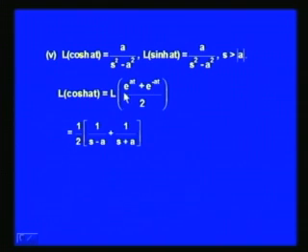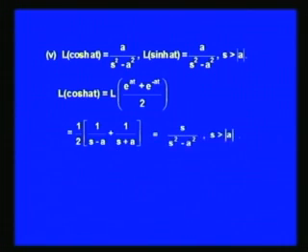Then recall the Laplace transform of e to the power at. It is 1 over s minus a, provided s is greater than a. Similarly, the Laplace transform of e to the power minus at is 1 over s plus a, provided s is greater than minus a. Thus, the right hand side of the Laplace transform of cos hyperbolic at is equal to half of 1 over s minus a plus 1 over s plus a, provided s is greater than a as well as s is greater than minus a, which means that s must be greater than the absolute value of a.